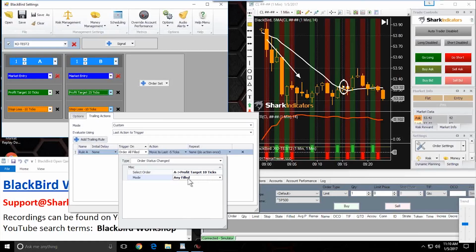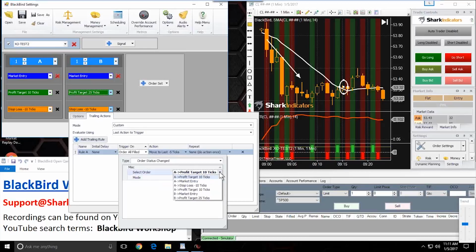Well, that could trigger your event. Or maybe you want to wait for all 10 orders to get filled on the profit target, and then you could move your stop loss after all 10 orders get filled, right?